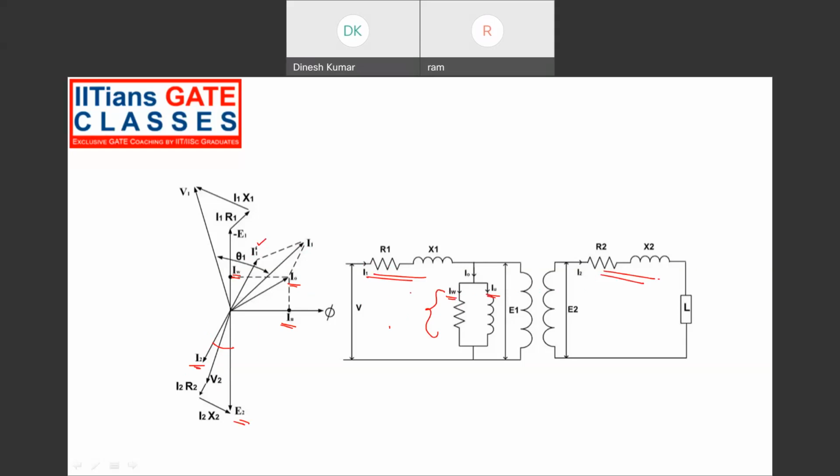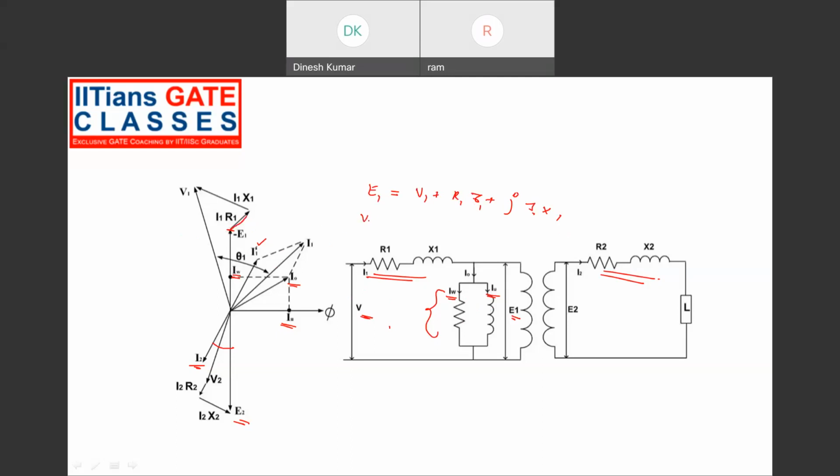So you will see the voltage across the shunt component is E1. So E1 is equal to V plus R1 I1 plus j times I1 X1, right? So this is V1, E1, right? In the direction of I1, we will be getting I1 R1.